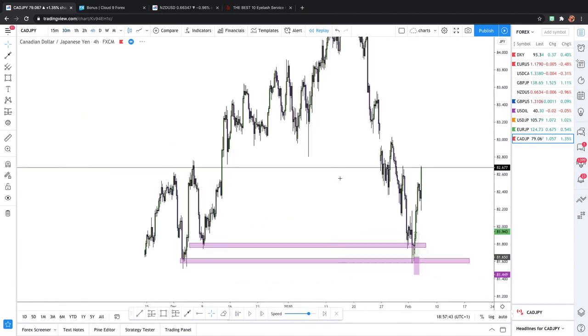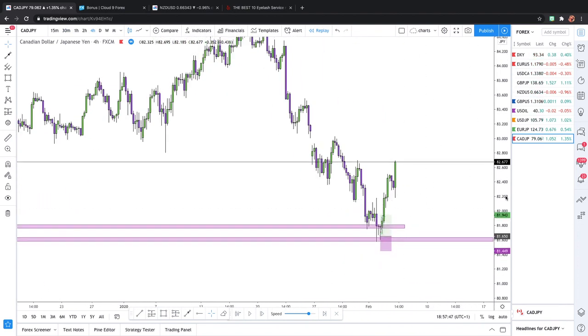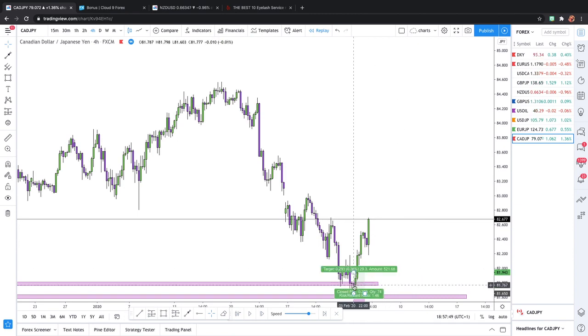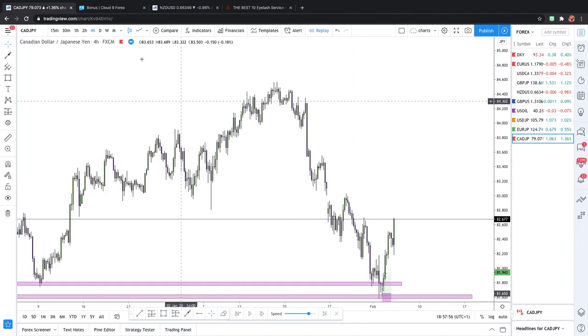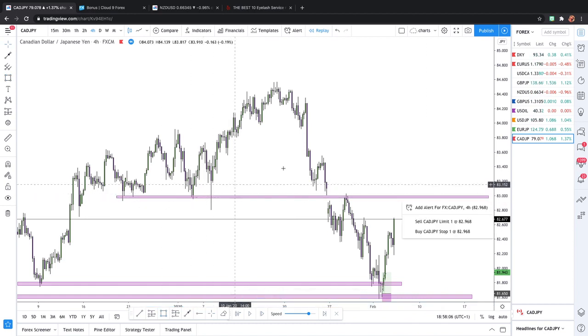Okay, so what ends up happening is we're looking at the 4-hour, we got this entry, and we can see that it's starting to reverse off that liquidity. So what ends up happening is, okay, we just look left. So we have an area right here where this was once support, broke, tested, went down, okay?